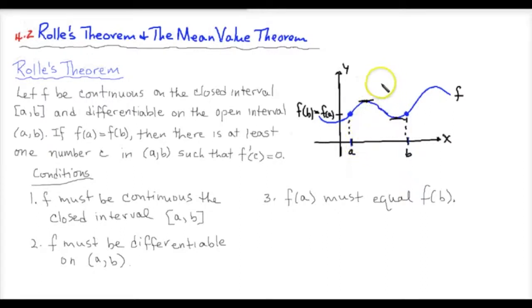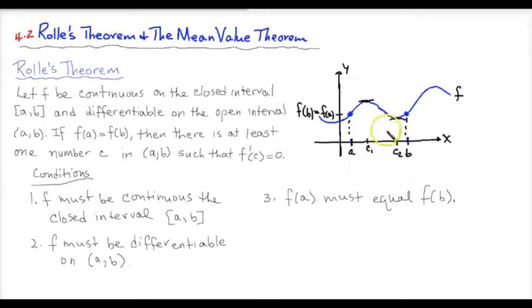Horizontal tangent line means that the slope is equal to 0. The slope of the tangent line is equal to 0, which means that f prime of, I'll call it C1 and C2, has to be equal to 0. So in my graph, I have two values where the slope of the tangent line is equal to 0 or the derivative of the function is equal to 0.